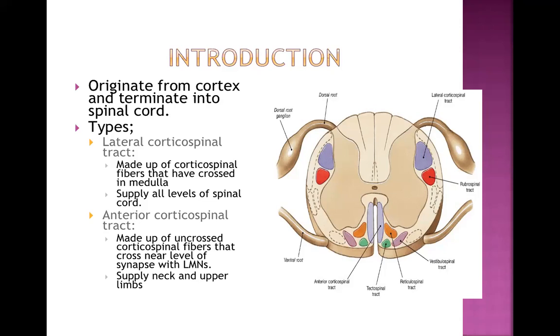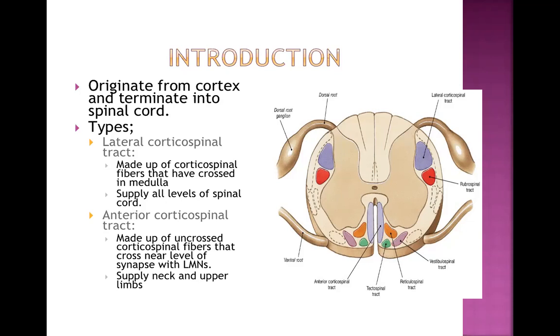Now, anterior corticospinal tract is made up of uncrossed corticospinal fiber that cross near the level of synapse with lower motor neuron. So what do you mean by that? Okay, remember in pyramid, almost 90% of the fiber cross and goes to the opposite side. They form lateral corticospinal tract. But about 10% of the fiber, they don't cross.